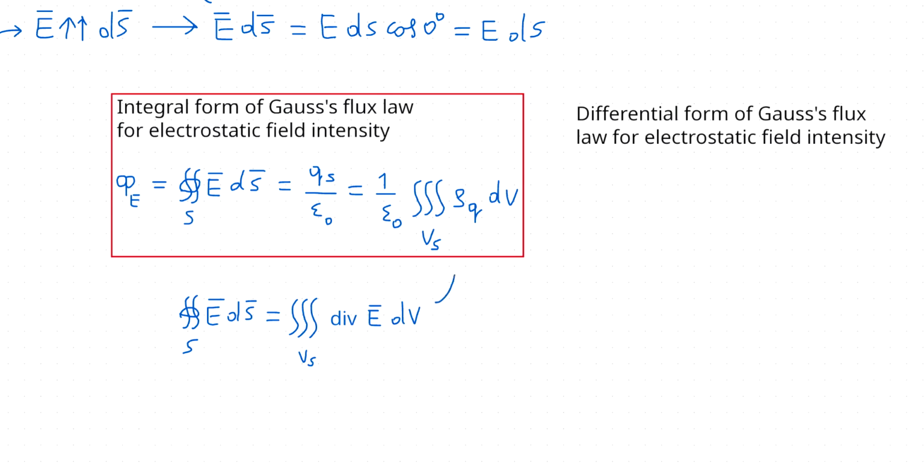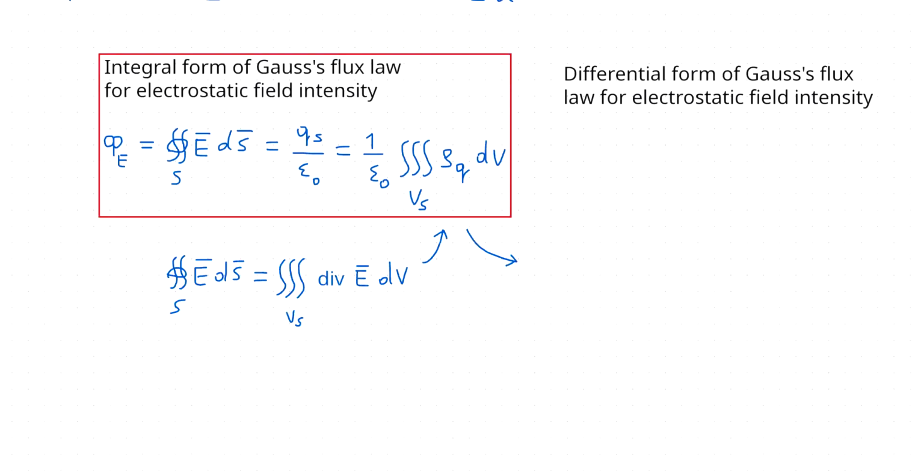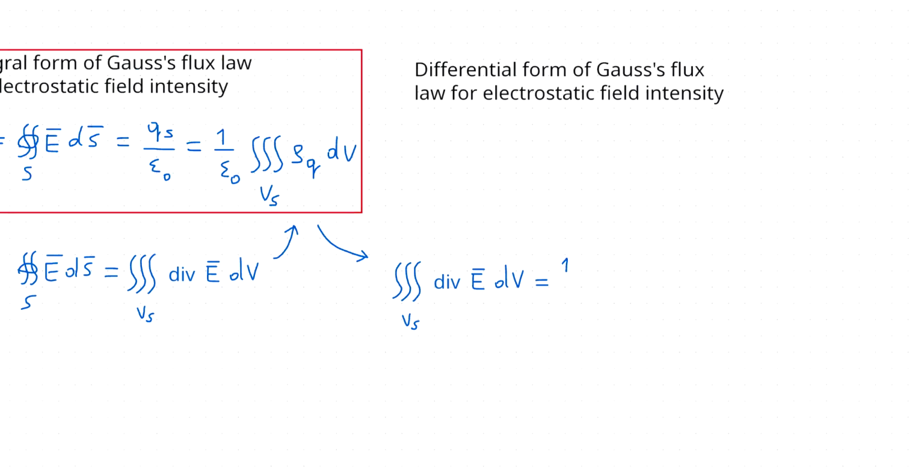And if we substitute this here, we will get that this triple integral is equal to 1 divided by epsilon 0 multiplied by the triple integral over Vs of rho q dV.